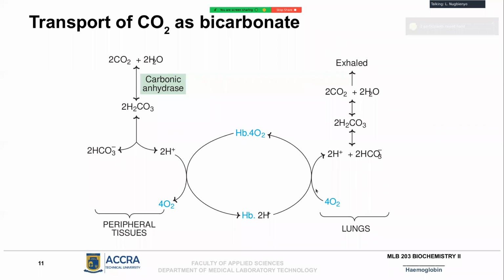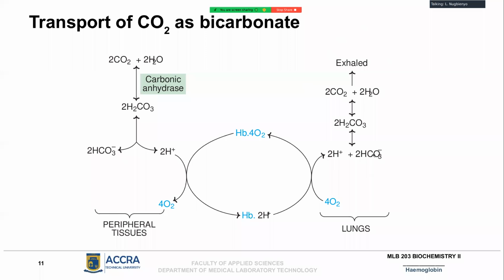So now you are in the lungs, and here you find oxygen that is breathed in, coming in to bind to the hemoglobin to give you the oxyhemoglobin. And then the protons on the protonated hemoglobin are released in the lungs, where they bind back to the bicarbonate ions, which are flowing freely in plasma.